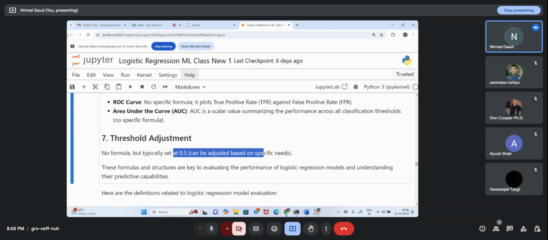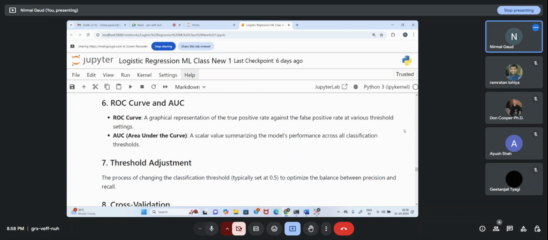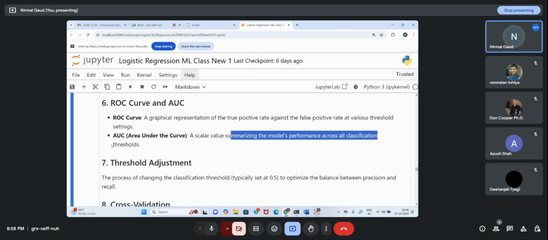We are talking about logistic regression, binary classification, so our threshold is 0.5. And AUC, area under the curve, is a scalar value summarizing the model's performance across all classification thresholds.